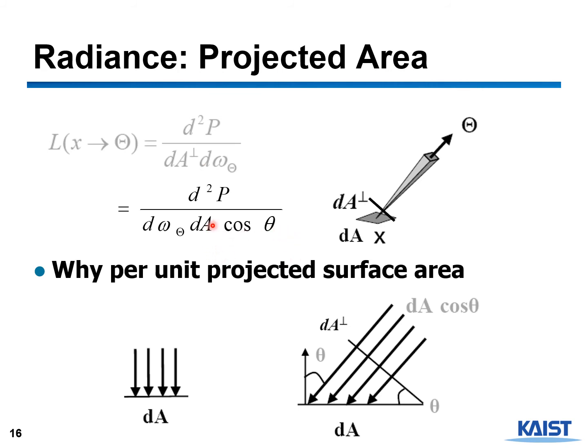Why do we actually have cosine theta? Suppose that this is the angle theta here. Then this is dA orthogonal, and this is dA. Suppose we are getting a certain amount of energy through dA orthogonal.